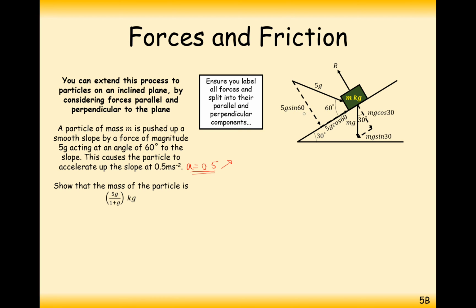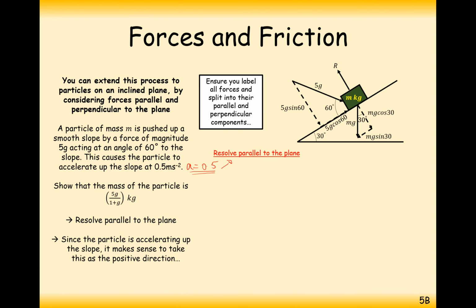We're going to have 5g sine 60 going into the slope, sine because that is opposite the 60 degree angle, and this is going to be 5g cos 60 going up the slope because it's adjacent to the 60 degrees there. So we now have a perfect diagram where we can work out the value of the acceleration going up or down the slope. M is going to be in our answer, but we know that a is 0.5.